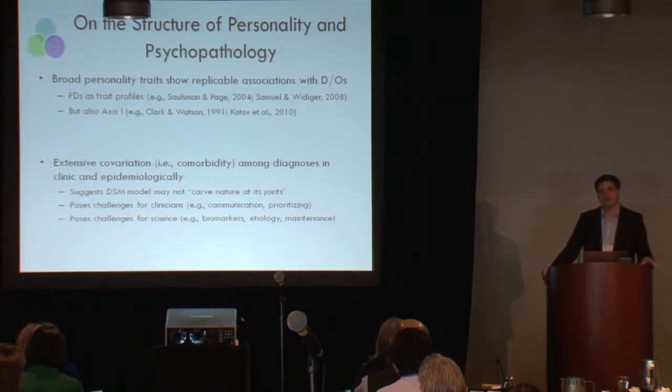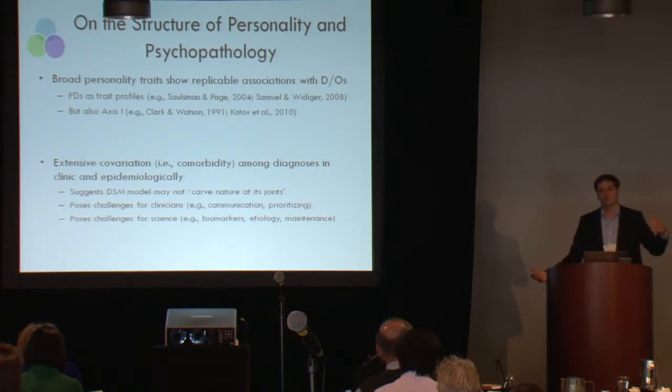And Eric Plakin gave an excellent summary of how this actually plays out, that if a patient meets one diagnosis, it's more likely than not that they're going to meet multiple diagnoses. And I think that this poses challenges for clinicians. It's difficult to communicate from one to each other. You either end up with a long list of separate diagnoses, or you end up with things like NOS that aren't very specific. And it also makes it difficult to prioritize treatment.